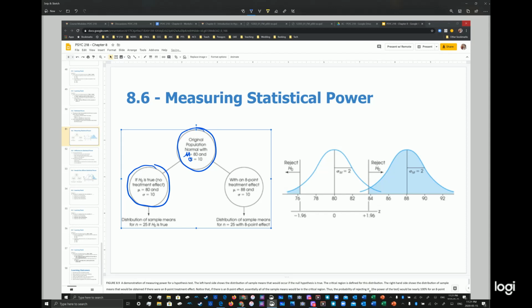However, if the alternative, your prediction, is true, then everybody that receives the treatment would have a new population mean of 88. 8 points difference, increase. But the standard deviation would be the same for now. So then how we're going to test this, again, we can't ask everybody, so we would collect a sample.